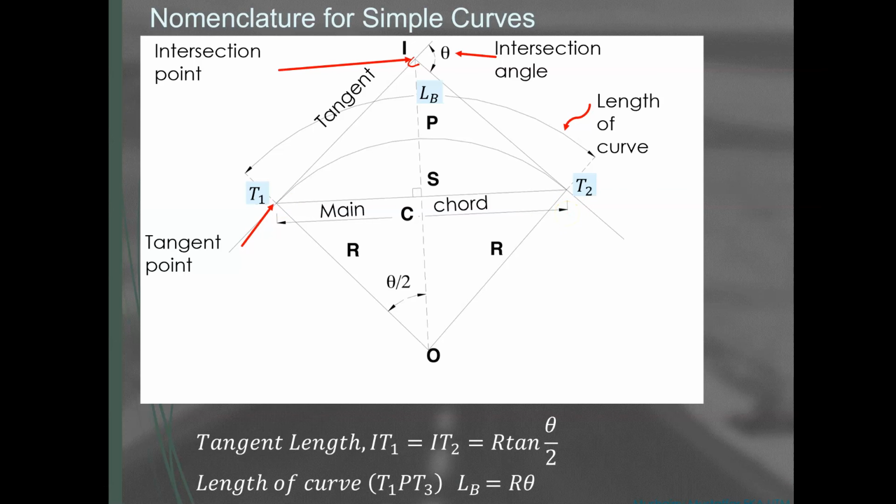So, how do we get the tangent length, that distance there? Simply by taking the product of the radius and the tangent of half of the intersection angle. So R tan theta over 2, and the length of curve is simply R theta.